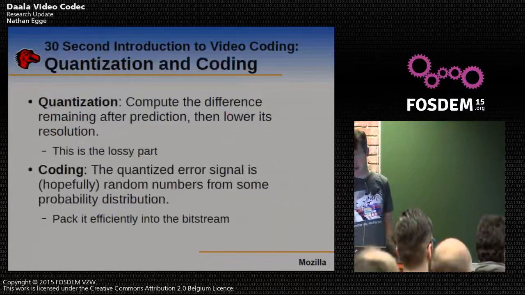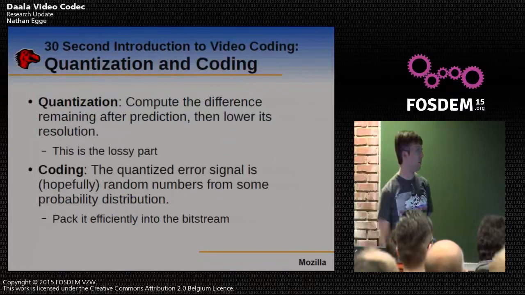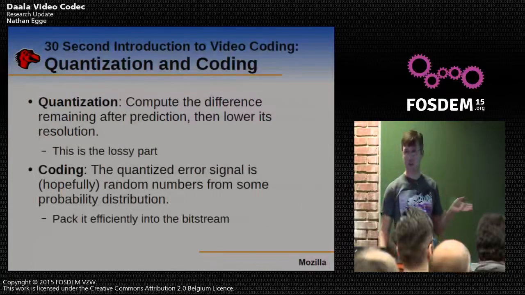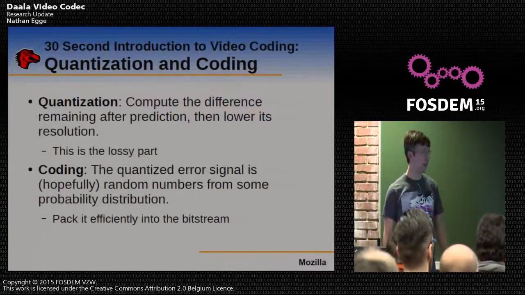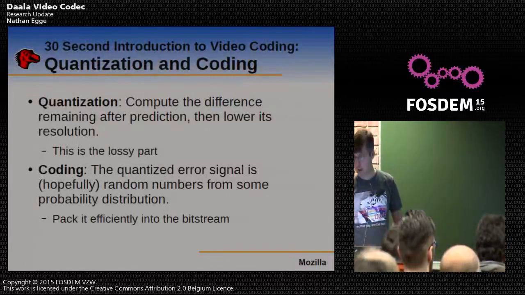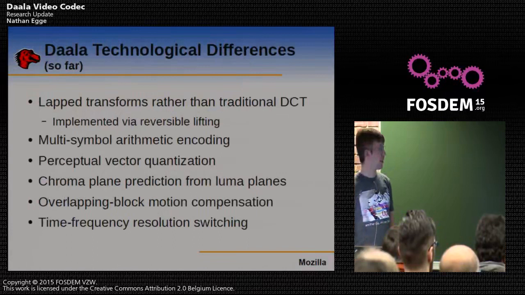And then the last two points, quantization and coding. Quantization is where we take those transform coefficients, reduce the number of bits we use to represent them, and take those bits and run them through an entropy coder that converts them into some set of numbers that has some probability distribution that's efficient.